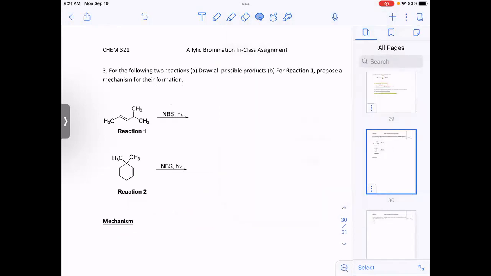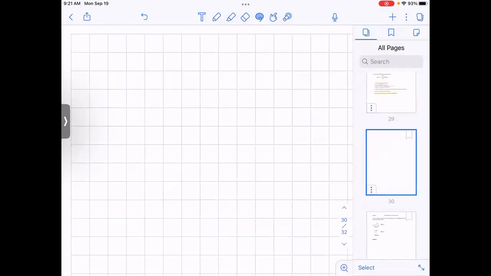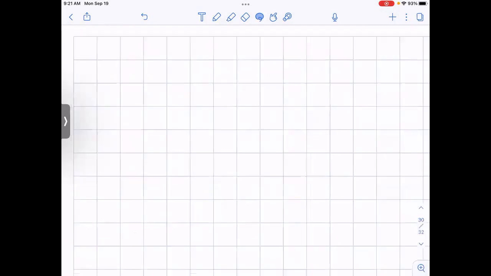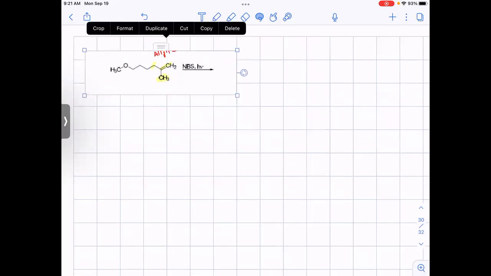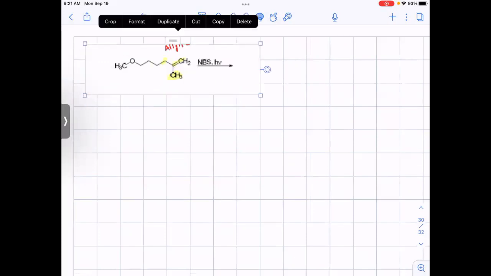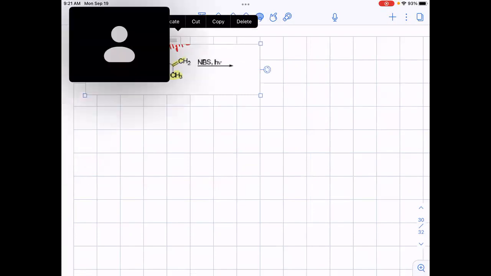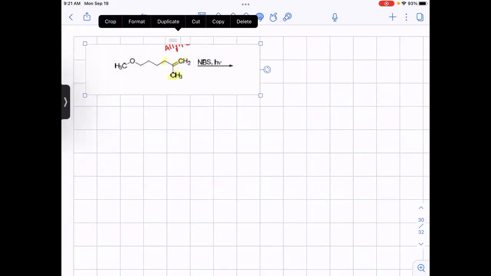Let me put this on a blank page. All right, so you can see the starting materials, NBS, and light, right? We need that. What is the NBS for? Anybody? What do we use that to generate?